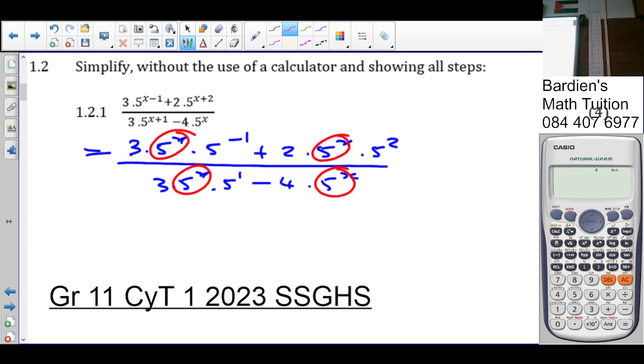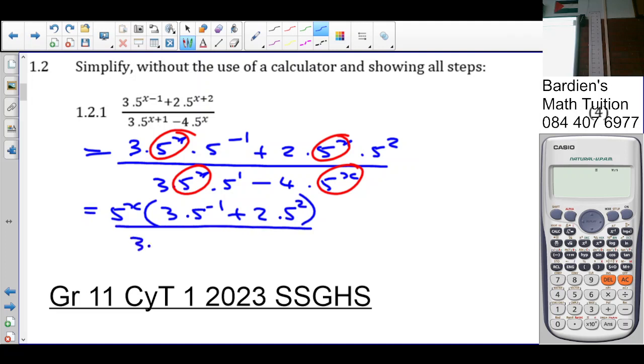People, you can never cancel that term individually, because there's a plus or minus between the terms. So 5 to the x is the common factor. It's going to be 5 to the x into 3 times 5 to the negative 1 plus 2 times 5 squared, all over 3 times 5 to the 1 minus 4, times 5 to the x. Of course that cancels.